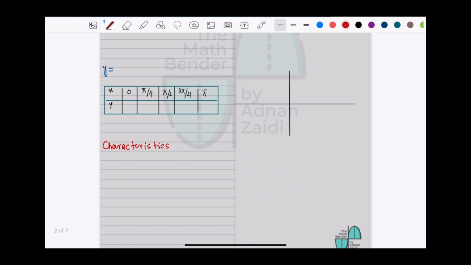If I write down their values, it will be 0, 1, infinity, -1, and 0 again. And if I sketch these as well, it will be like this.